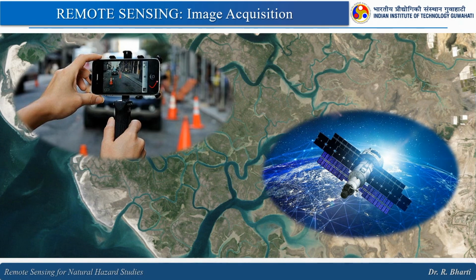One is your mobile phone, another one is your satellite, right. So what information you are getting in satellite images, what information you will get in the mobile phone images. So this is very different from your mobile data or from your normal DSLR or any other camera, right. So that we will try to understand.